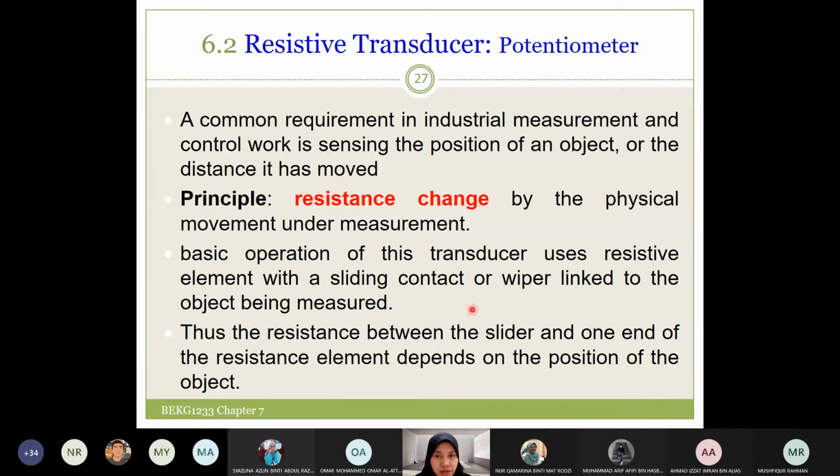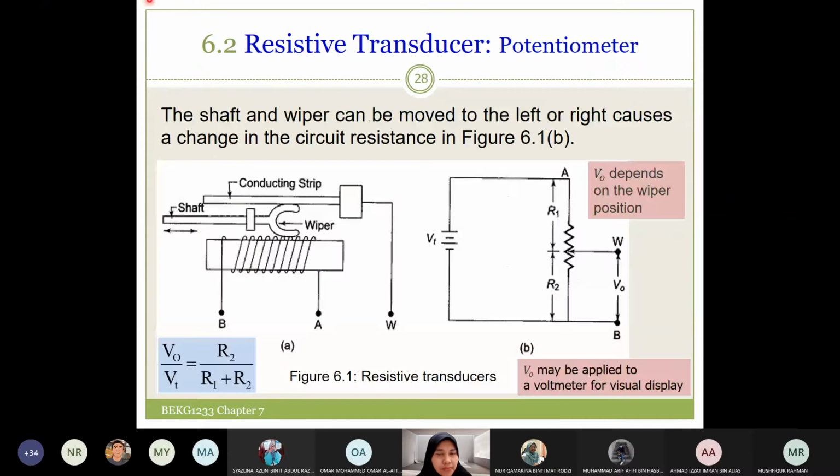So the basic operation of this potentiometer is a resistive element with a sliding contact or wiper linked to the object being measured. Thus, the resistance between the slider and one end of the resistance element depends on the position of the object.